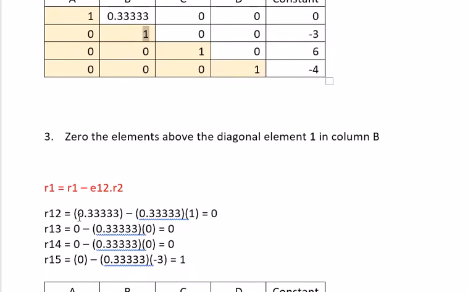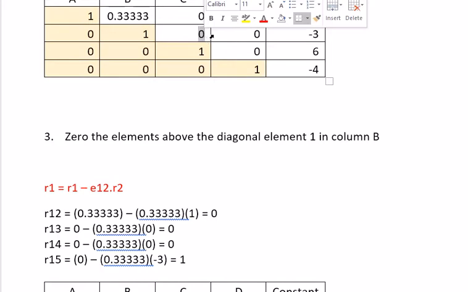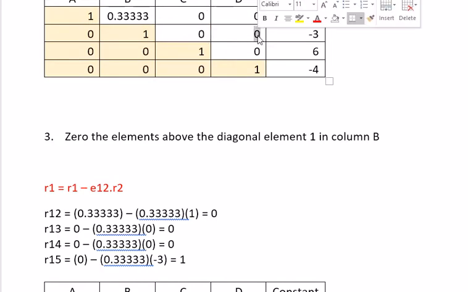So that will give us 0.3333 minus 0.3333 times 1, that will give you 0. For this element, that is 0 minus 0.333 times the element below here, which is 0, so that will still give you 0. The same here.